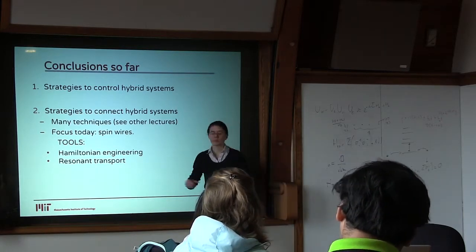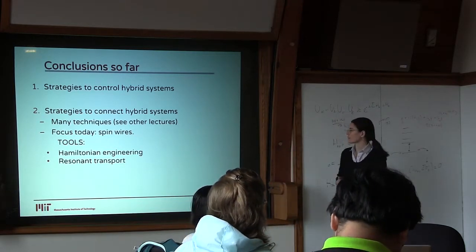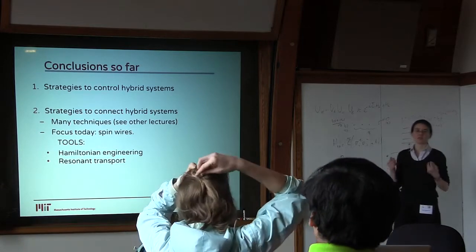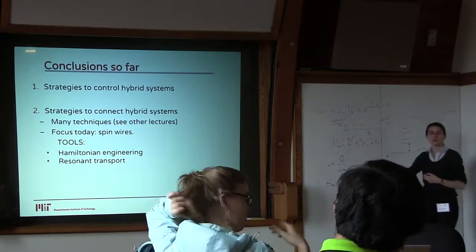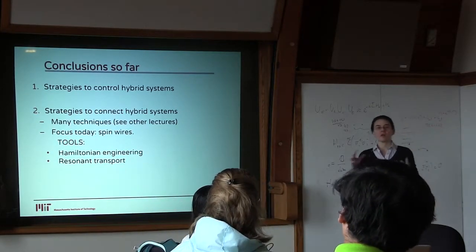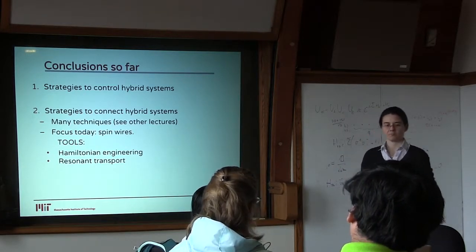Then I talked about how to achieve perfect transfer in different systems, using the weak coupling regime and the resonant condition to transfer information even if you have a very complex network in which you do not know all the possible interactions.